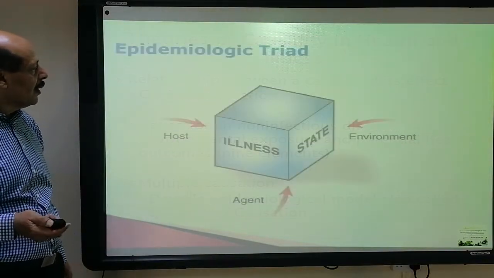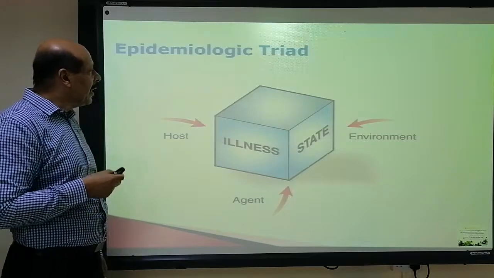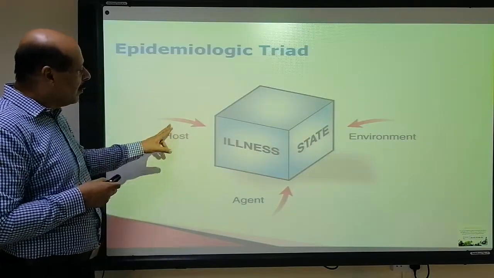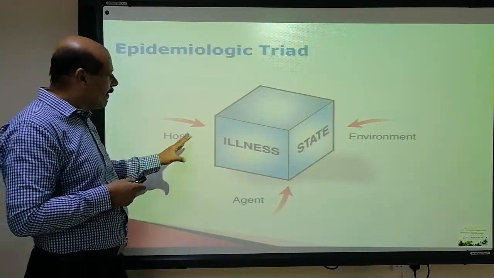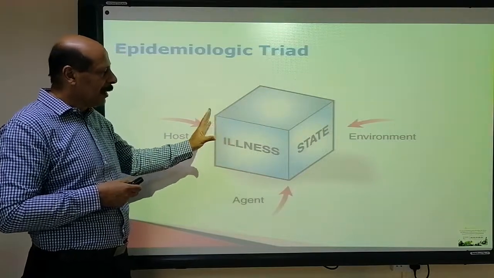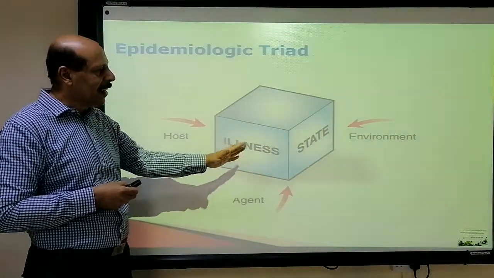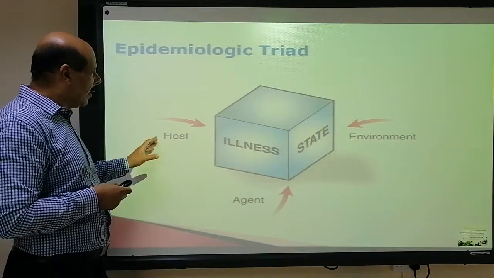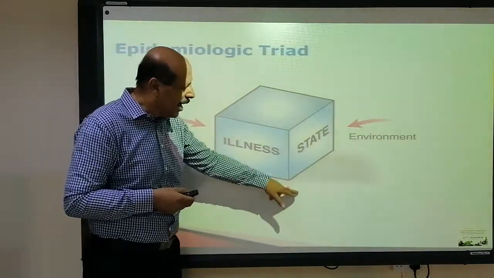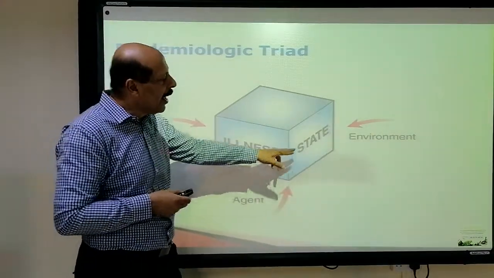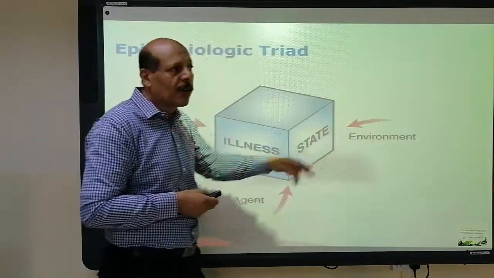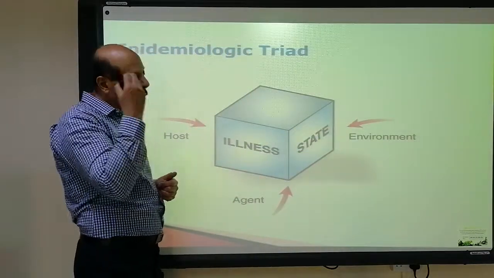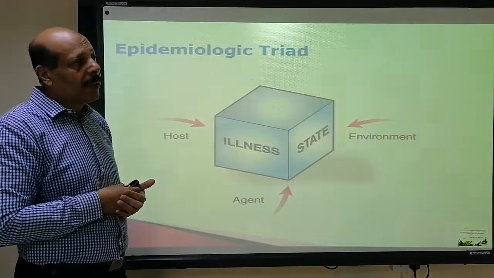causation. So the epidemiological triad: in order to get the illness or the state, there is a host, and there is an agent or positive agent, and an environmental factor that might help in development of the disease.